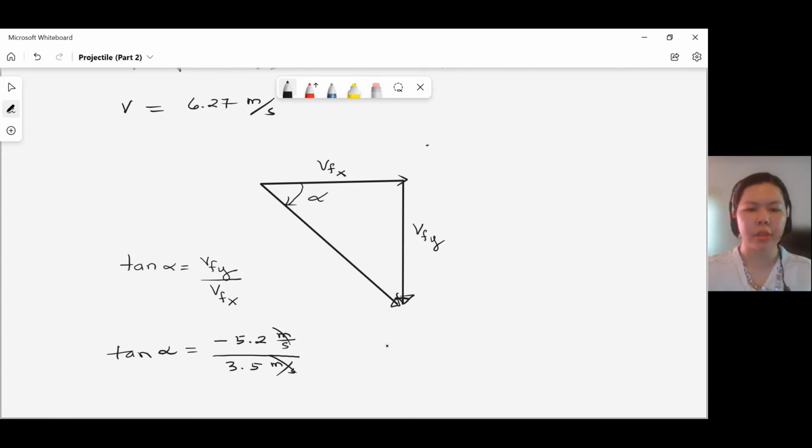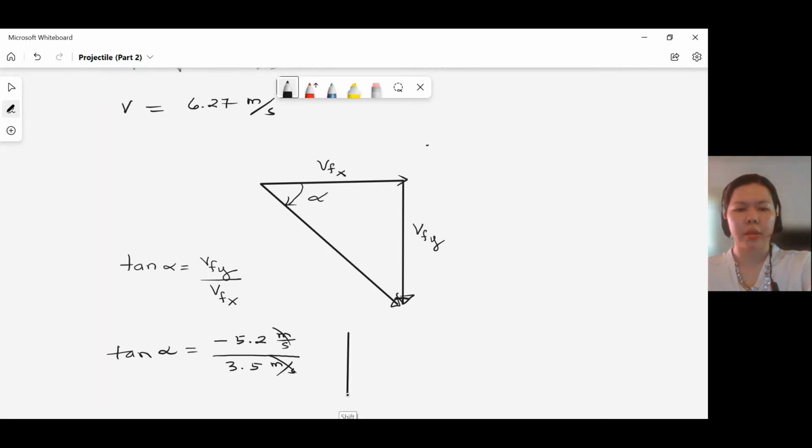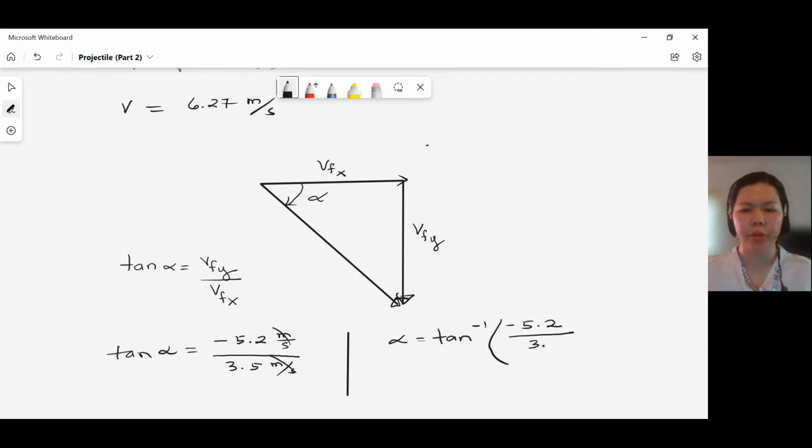All right, so that's arc tangent. Shift tangent in your calculator, open parenthesis negative 5.2 divided by 3.5, equals.